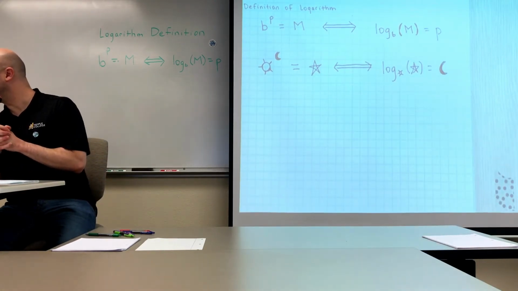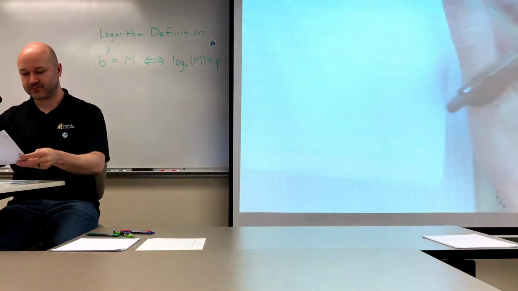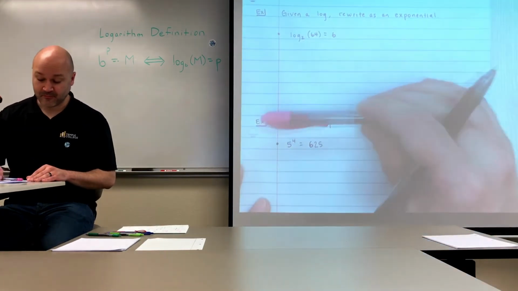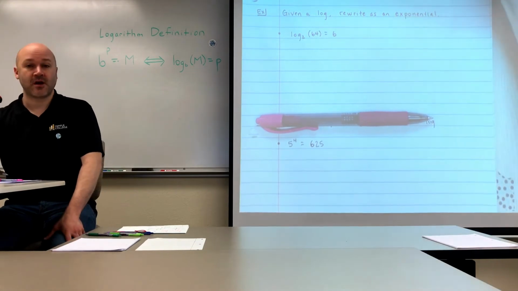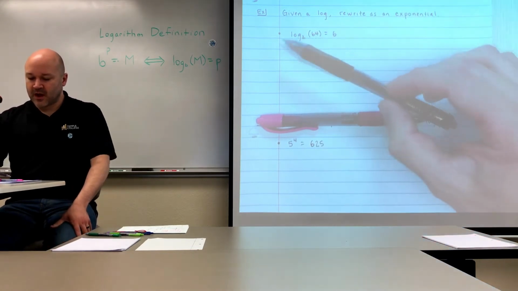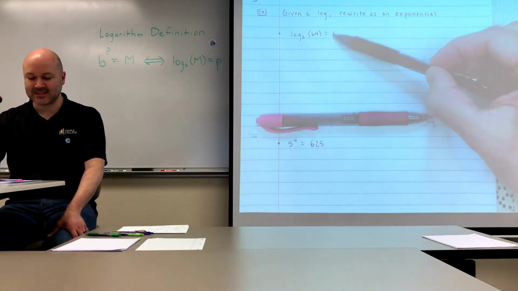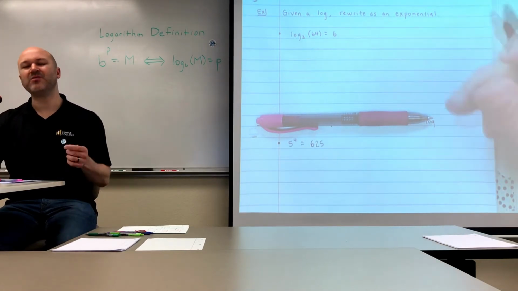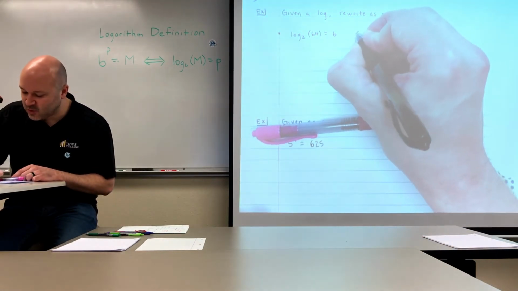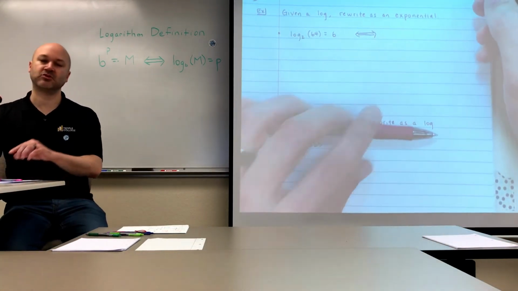Cool. All right, let's see. Are we ready to just get straight into some examples? I guess so. Let's just jump straight into it. All right, first we'll start off with, given a logarithm, rewrite it as an exponential. So I'm given this log base 2 of 64, and that is equal to 6. And I'm going to rewrite that as something I'm more familiar with, the exponentials. So I'm going to say this is equivalent to, using my definition, so I'm just going the other direction now.